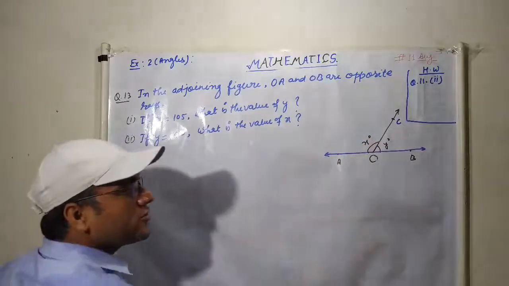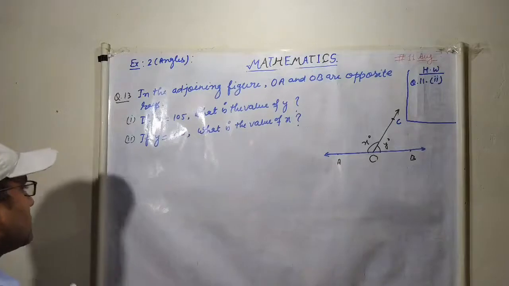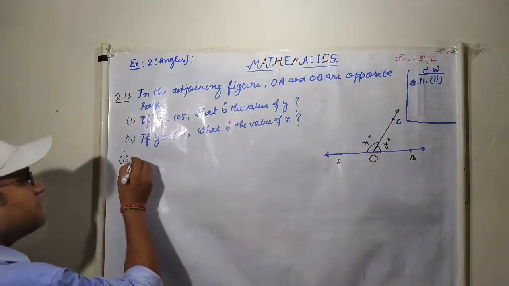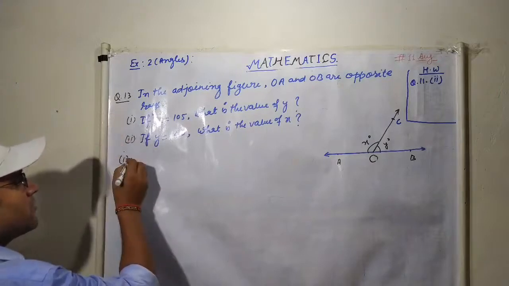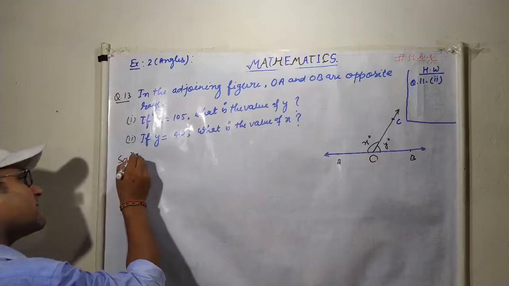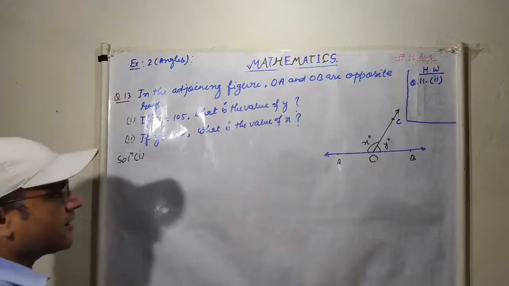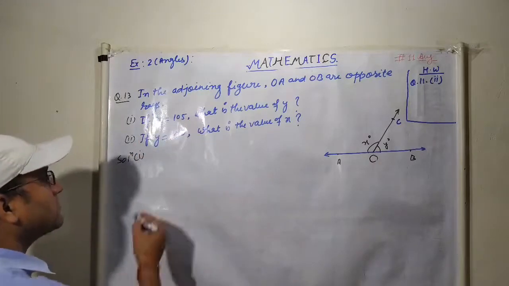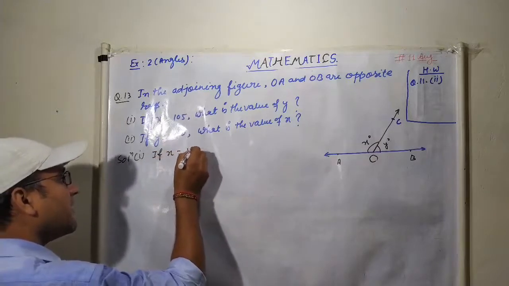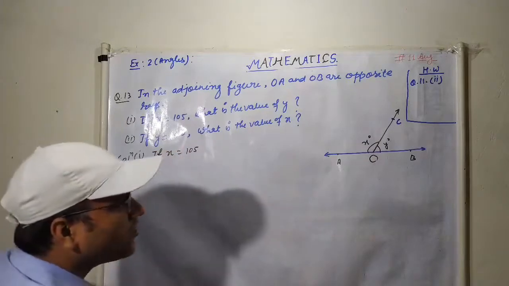But here I'm going to use the linear pair. So the solution for the first part of question number 13: if x is equal to 105, what is the value of y?